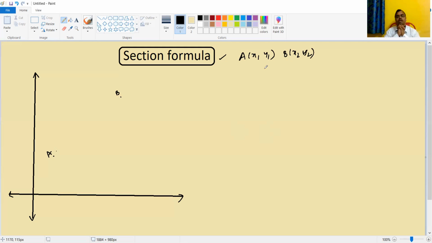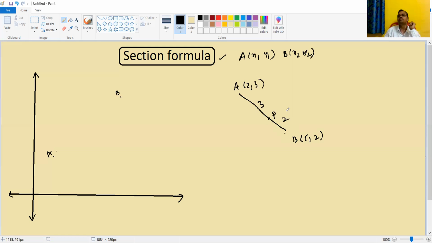In this video, I would like to discuss with you the section formula. So what is the section formula? Suppose 2 points A (2, 3) and B (5, 2). Okay, so the line segment joining AB. There exists a point P on this line segment AB such that P divides AB in the ratio 3:2.